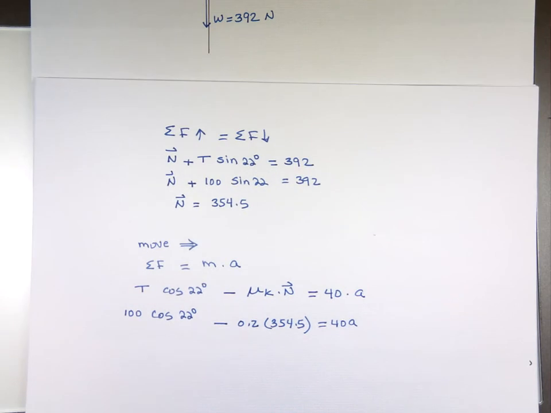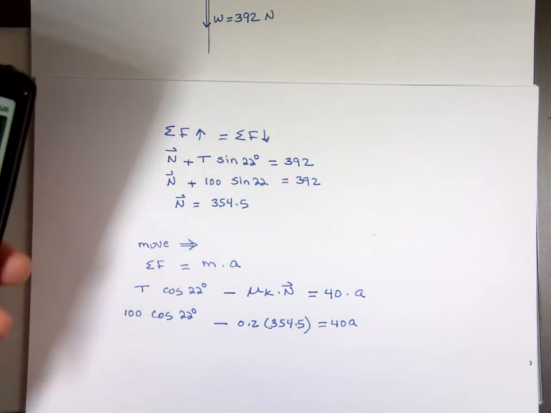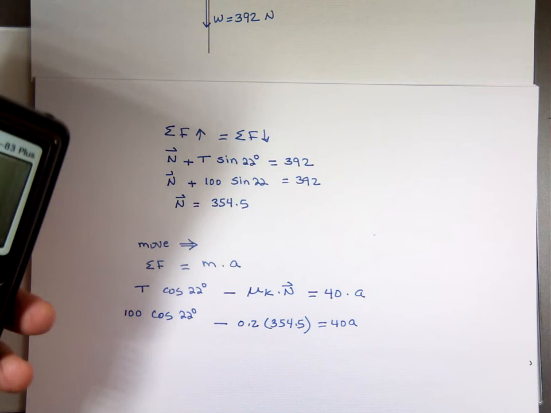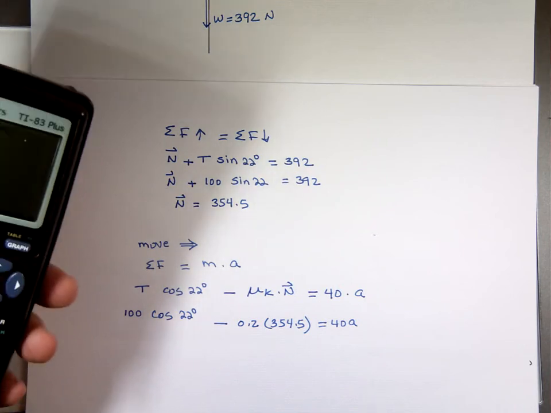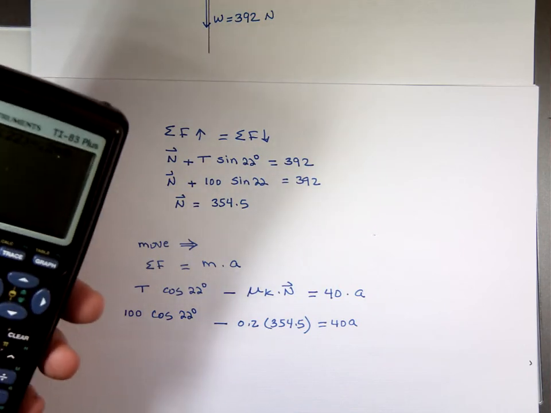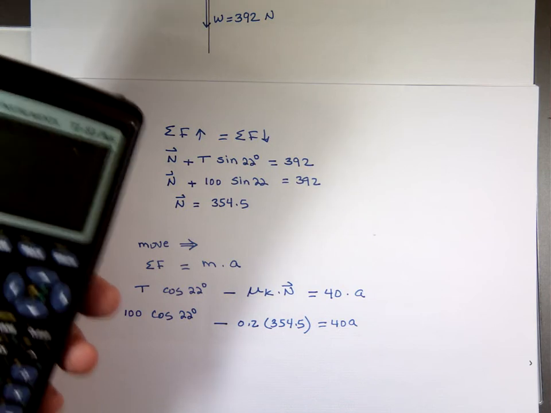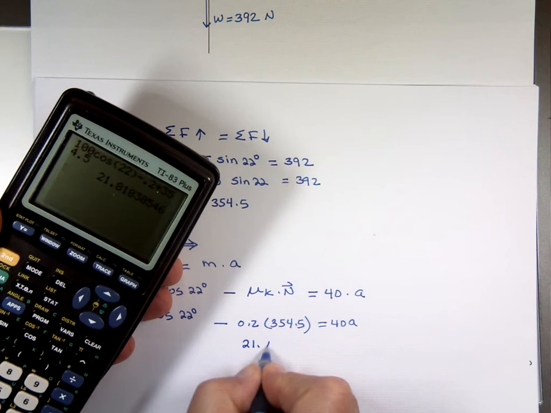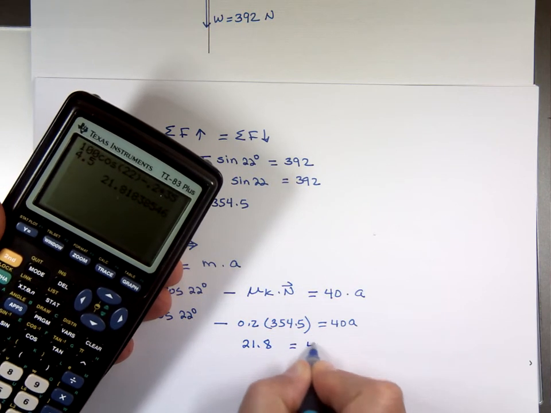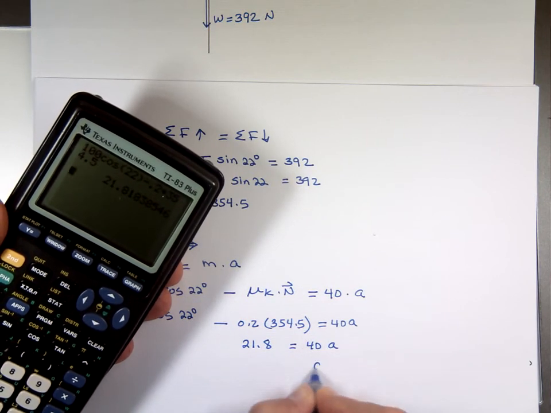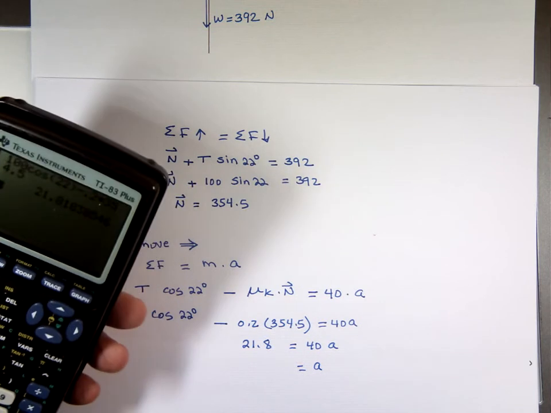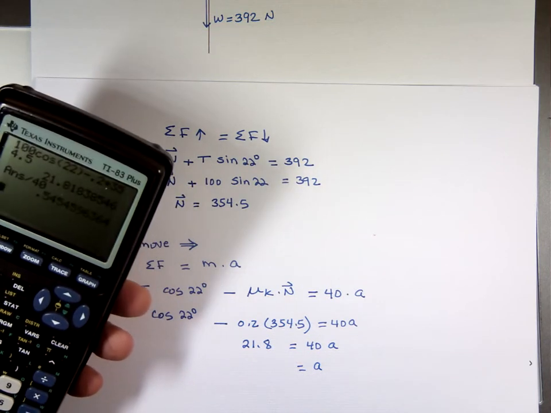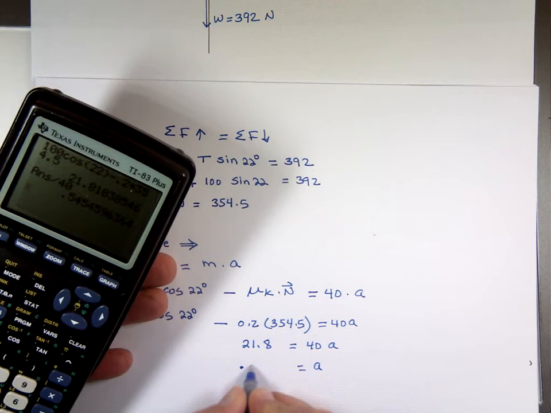So 100 cosine 22 minus, I'll do the whole thing, 0.2 times 354.5 is 21.8 equals 40A. What's the acceleration? Divide by 40. 0.55 meters per second squared.